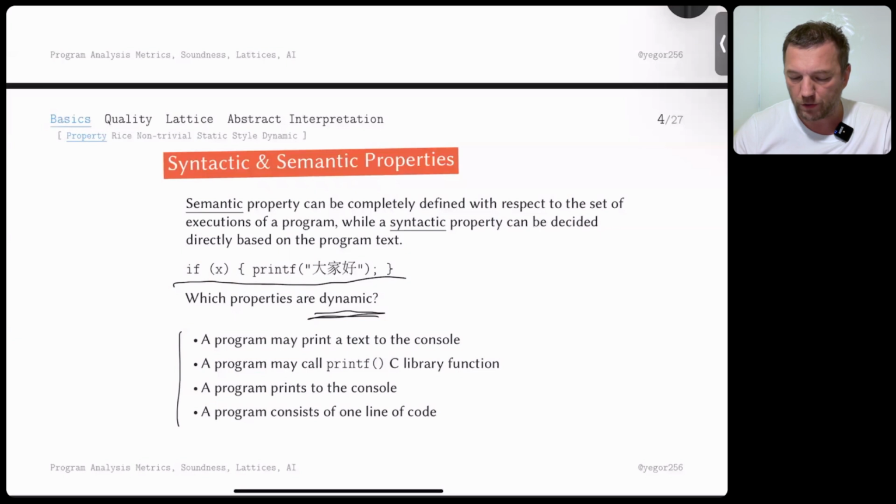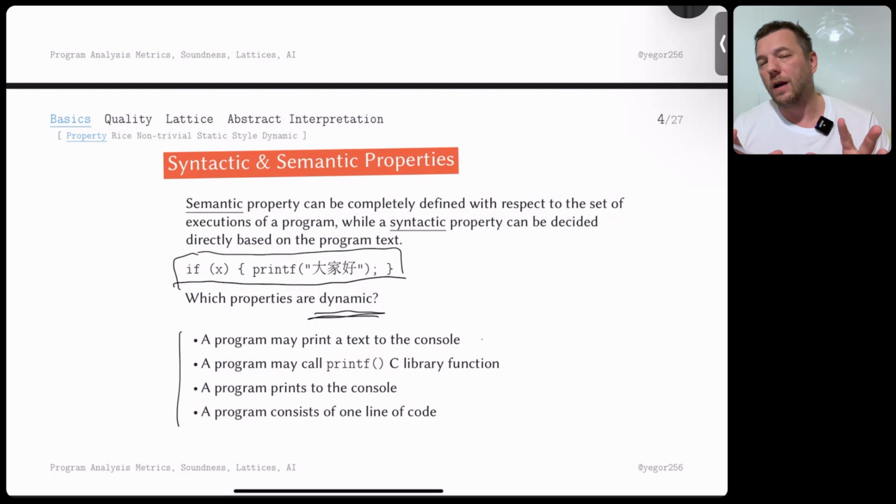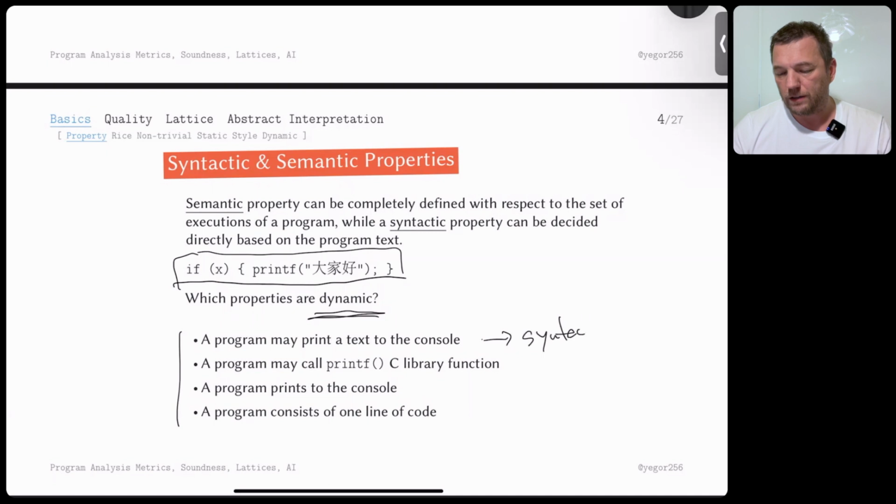So let's take a look at the first one. A program may print a text to the console. By looking at this code, we cannot... I'm not sure I will be 100% right here, but I suggest that the first property is syntactic. We do not need to run this code in order to say that the program may print a text to the console.